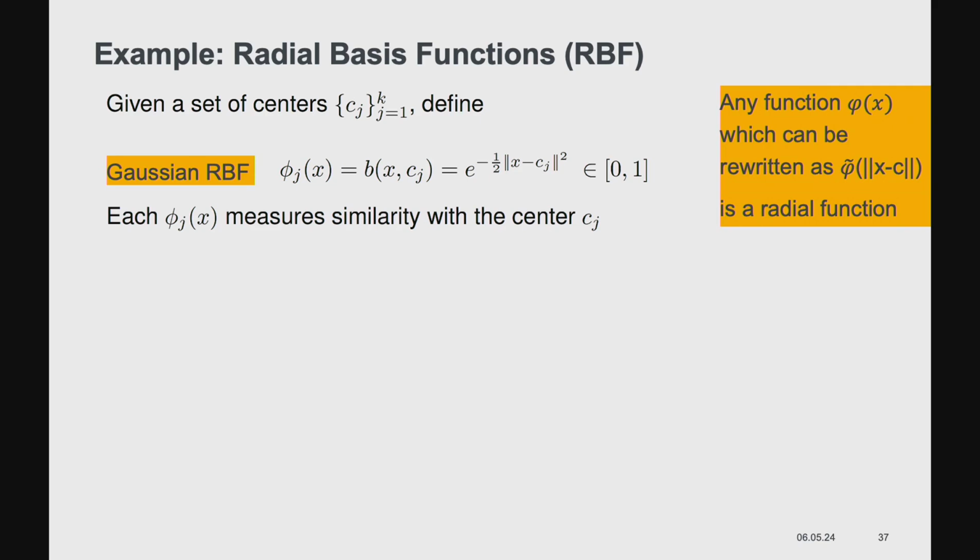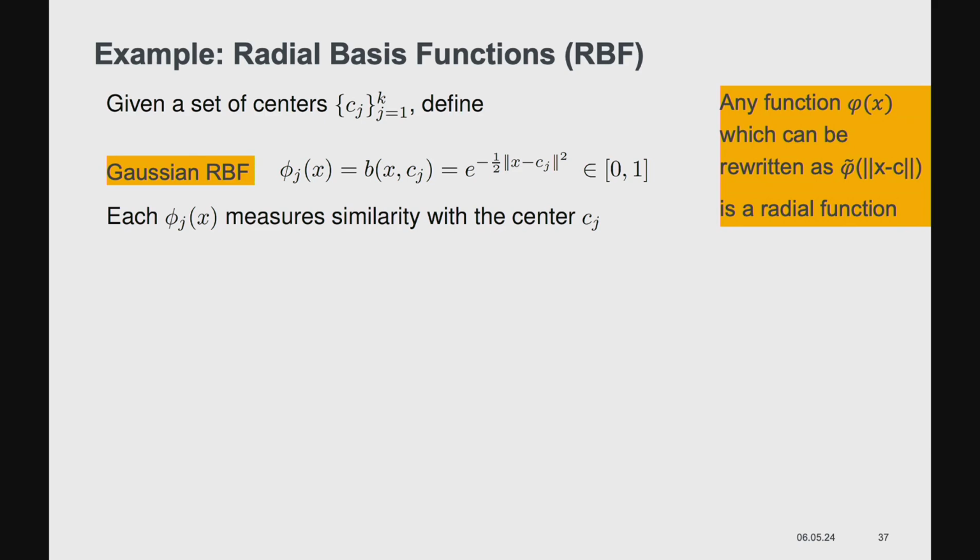They are defined around centers. When I have a center Cj, then phi j around the center of some x is defined by this radial basis function with this center. And this is nothing else than e to the power minus 1/2 times x minus the center, squared. Now, how does this look?